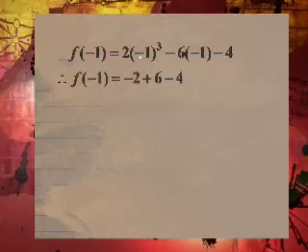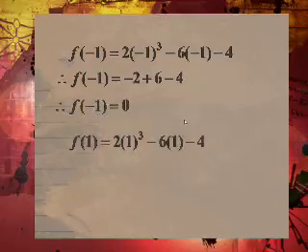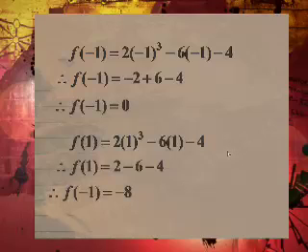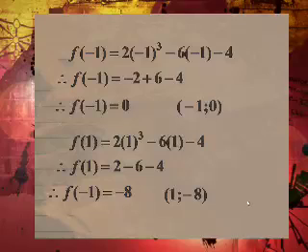And that comes to negative 2 plus 6 minus 4, which of course is 0. Then we plug in 1: 2 times 1 cubed minus 6 times 1 minus 4, and that comes to minus 8. So there's your stationary points.